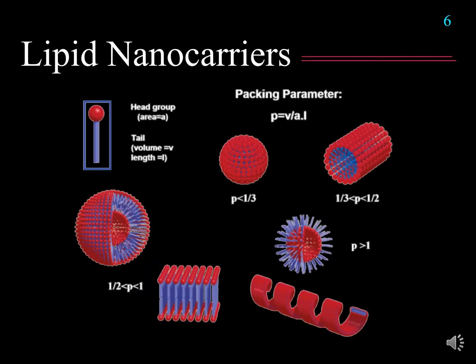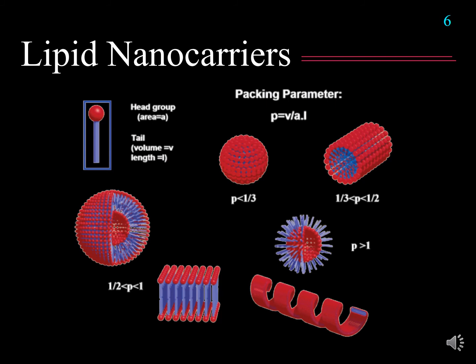The next type of nanocarrier is the lipid nanocarriers. Lipids like soap, phospholipid, and sphingolipid can be prepared into several different kinds of structures. This depends on the bulkiness, shape, and size of the head group, which is very polar, and the tails, which are non-polar.